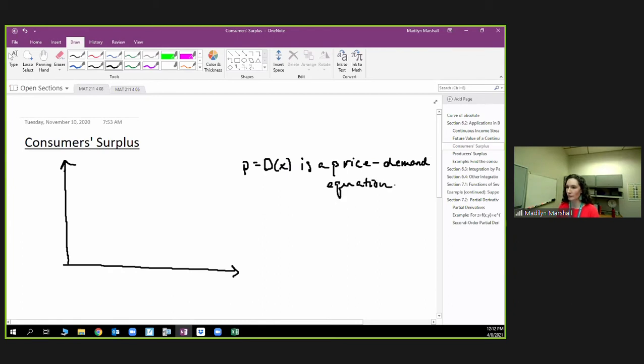So we're going to have this function, P equals D of X, which is a price demand equation or function. X is the number of units sold, or number of units we can sell. And P is the price per unit.